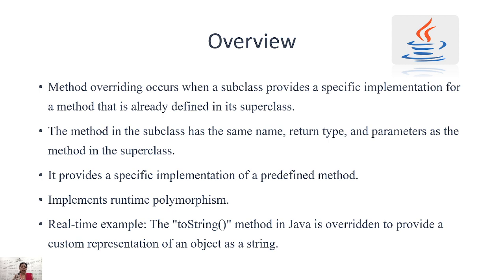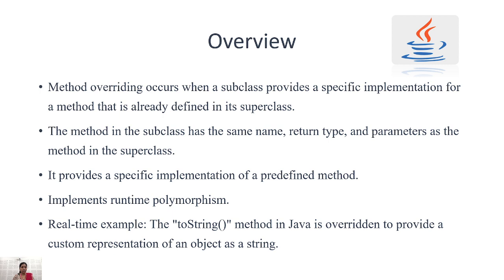It implements runtime polymorphism. Method overloading is a type of compile time polymorphism, while method overriding is runtime polymorphism, because the behavior of that method will be determined at runtime, not at compile time.